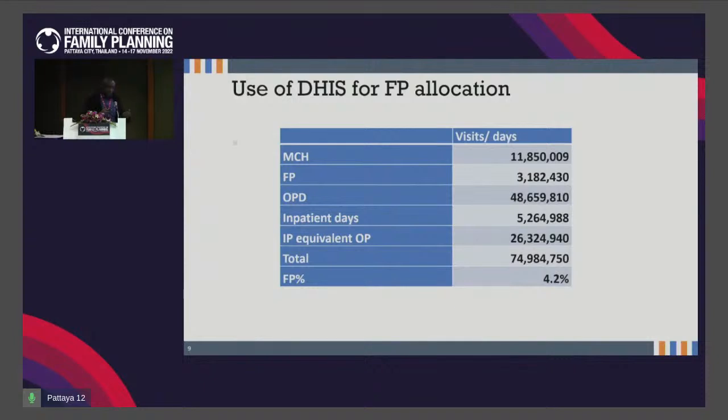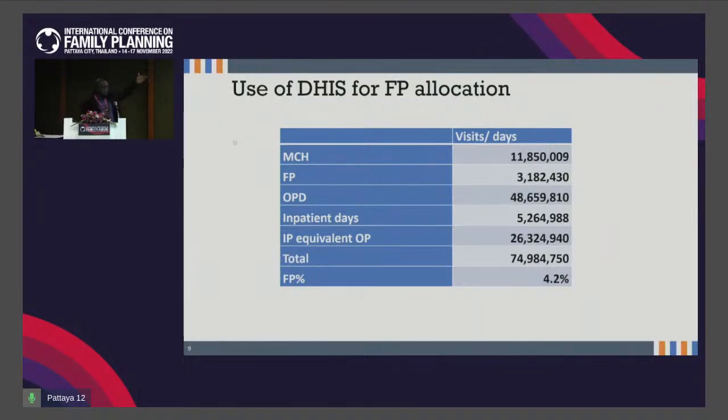take different outpatient services, and even inpatient services may take different times in terms of provision. So we have like the MCH, those are visits, FP visits, general OBD, which are excluding those above, inpatient days, and then we convert inpatient days into what we call inpatient equivalent, and then we sum to the total outpatient visits to get what we call inpatient total visits.